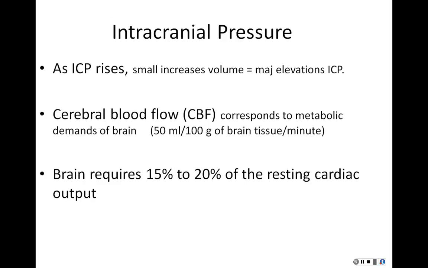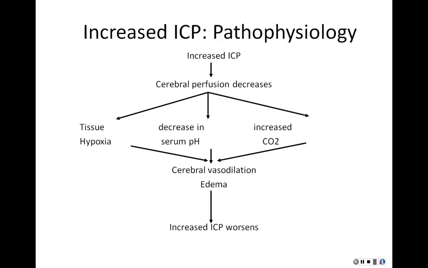So anyway, let's look at this. If it makes you nervous, don't look at it. We've got something putting a squeeze on your brain and causing the intracranial pressure to increase, which causes blood perfusion to decrease, which causes a decrease in the serum pH, which we know makes it acidotic and hypoxic.